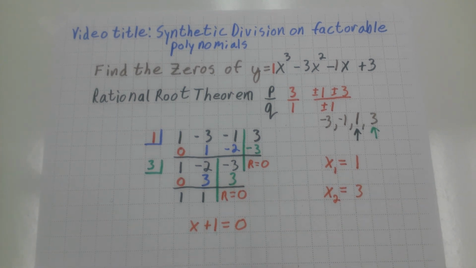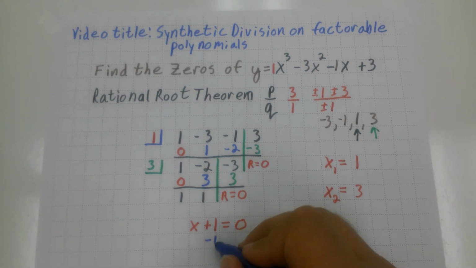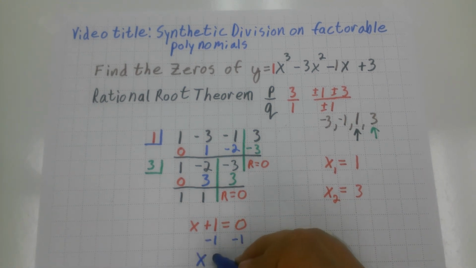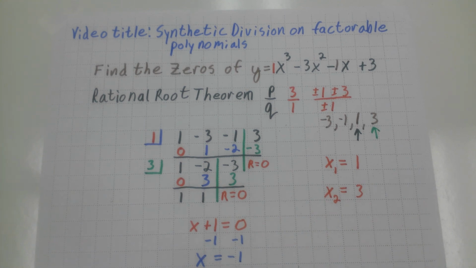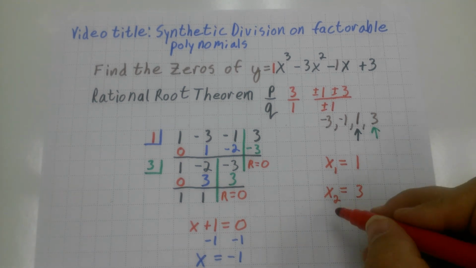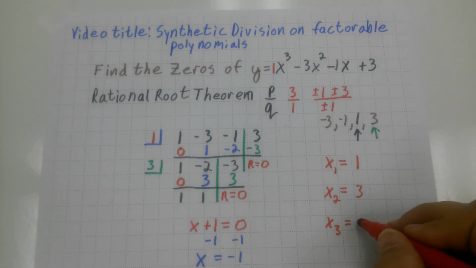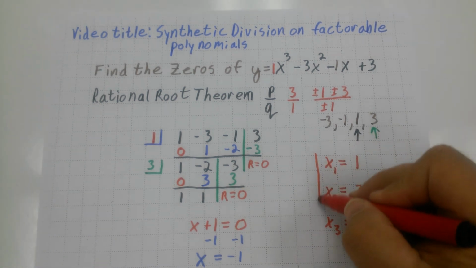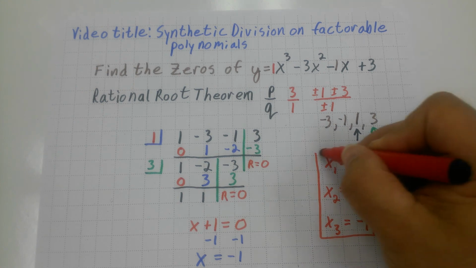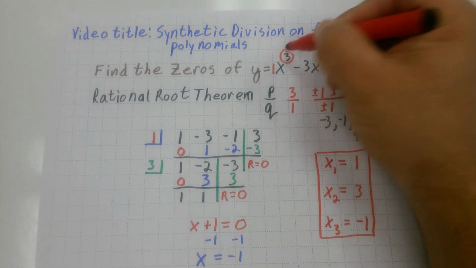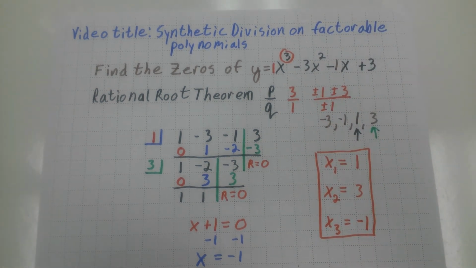When I solve that for x, I subtract 1 from both sides and get x equals negative 1. So my third answer is negative 1. And there are my 3 solutions to my third degree polynomial. Thank you.